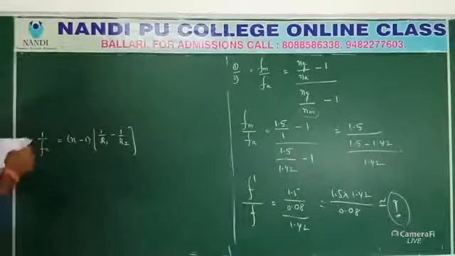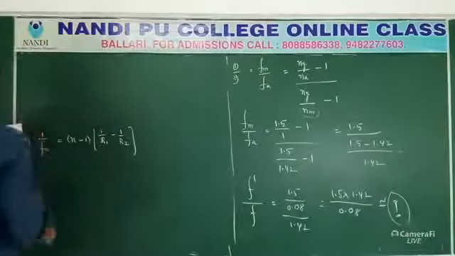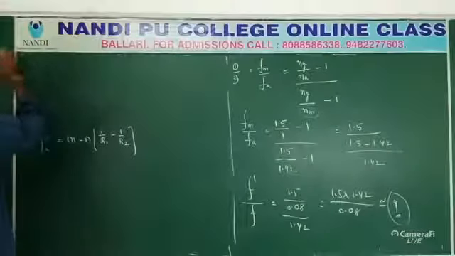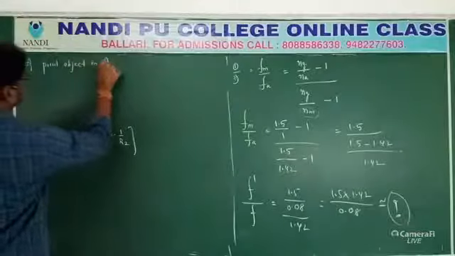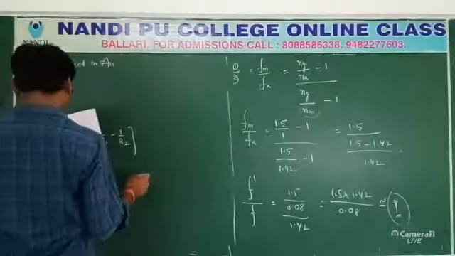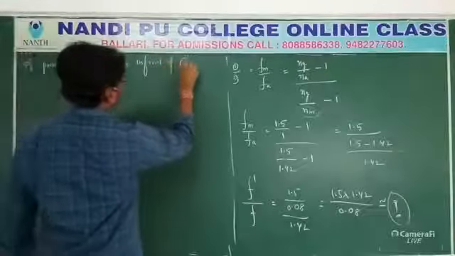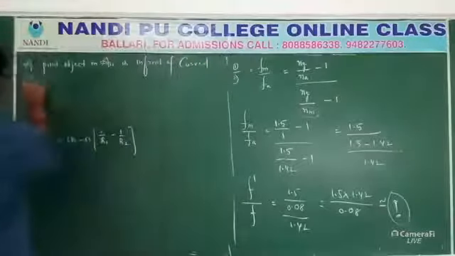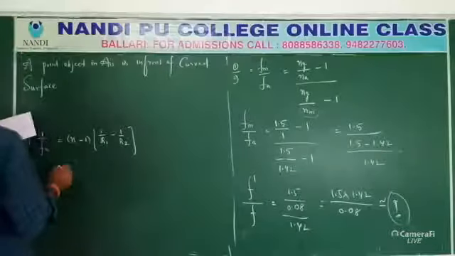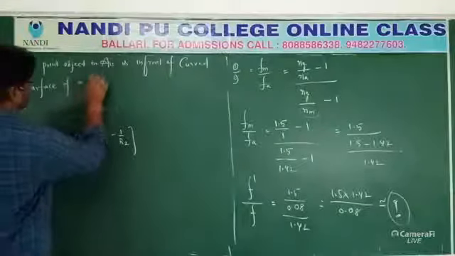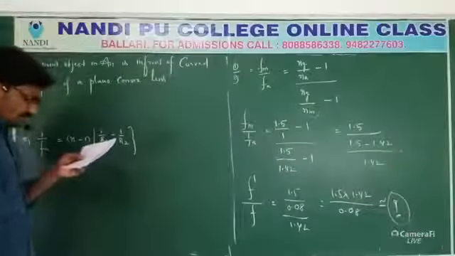What the question they have asked is, I will write it. A point object in air is in front of the curved surface of a plano-convex lens.